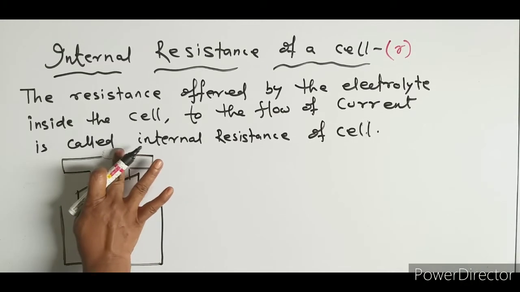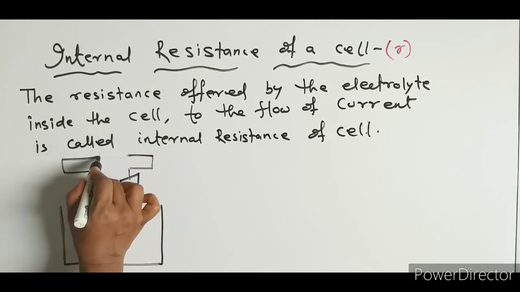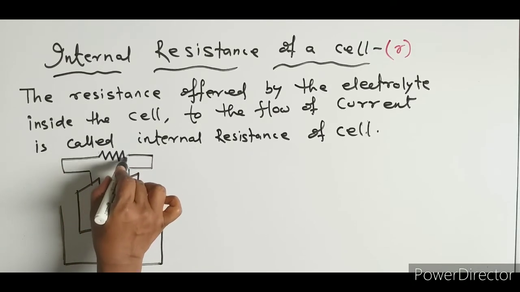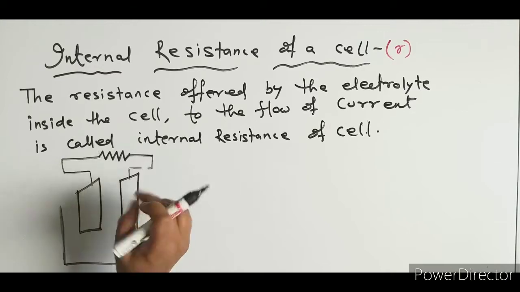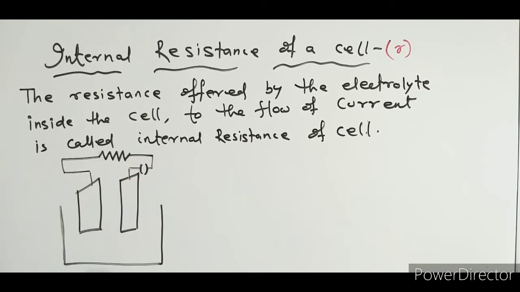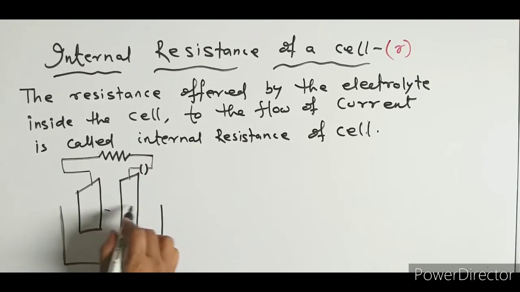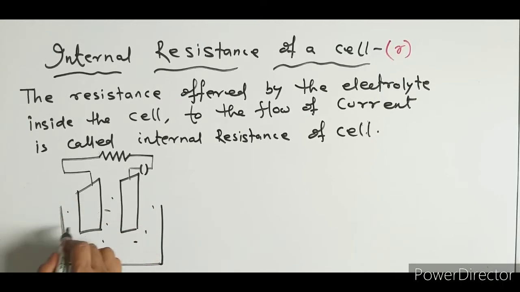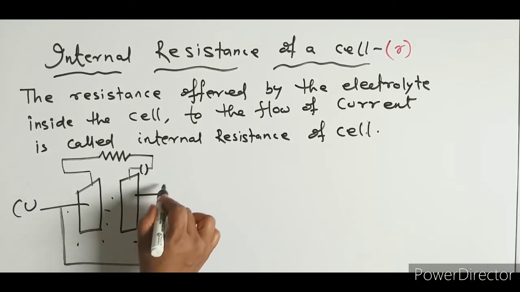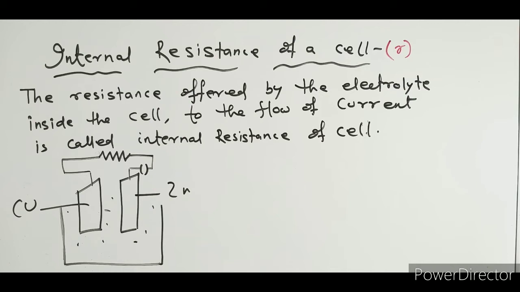Let us take a resistor. Here let me keep one switch, and some electrolyte will be there. One electrode is made of copper, the other of zinc. This is dilute H2SO4 as the electrolyte.